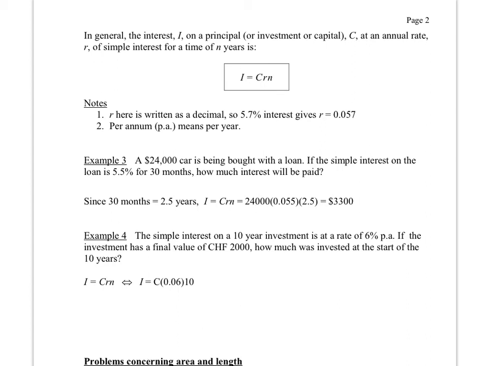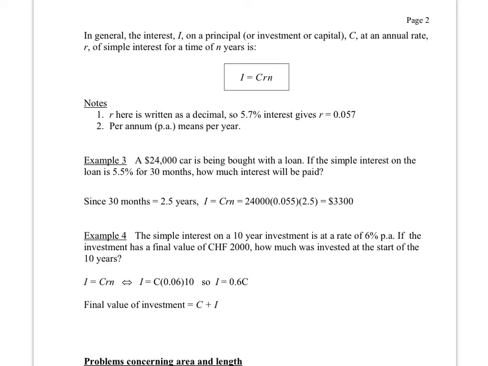If we do the 10 times 0.06, we should get I equal to 0.6C. And then the final value of the investment is going to be equal to the original amount invested, C, plus I, the amount of interest that was added to it.